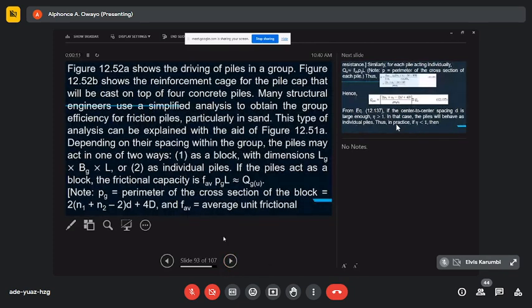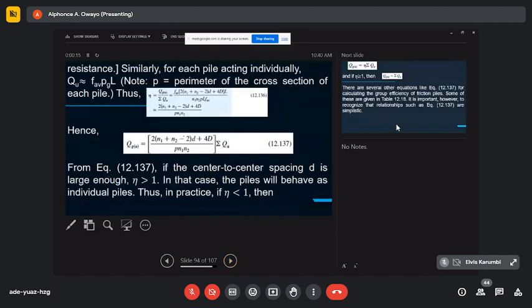So a lot of stories there which you read. I think it should be clear, and then you can sum because you are dealing with a lot of piles. So in a nutshell, the pile efficiency is in fact the actual pile capacity over the theoretical value.